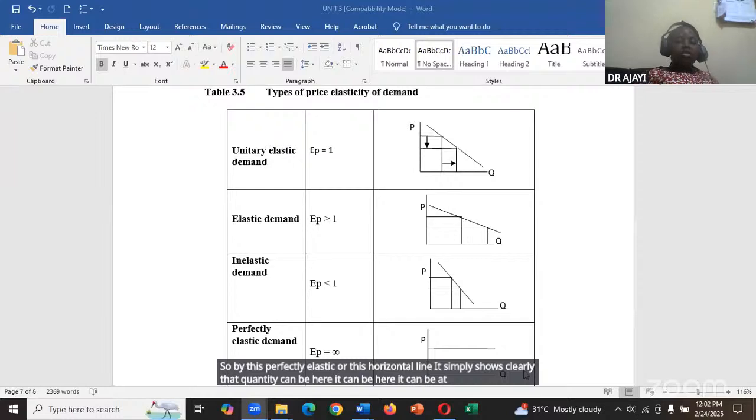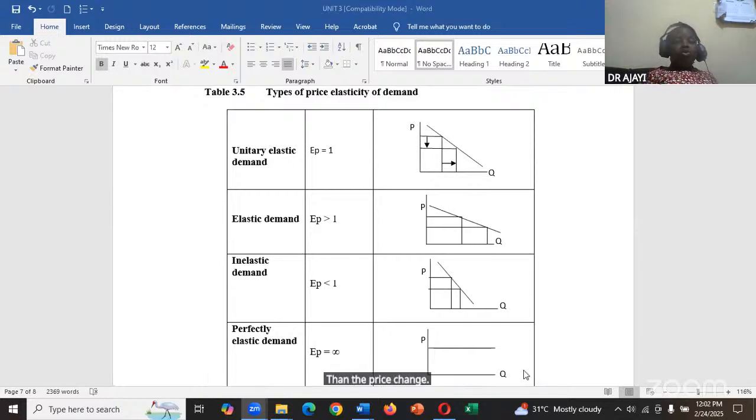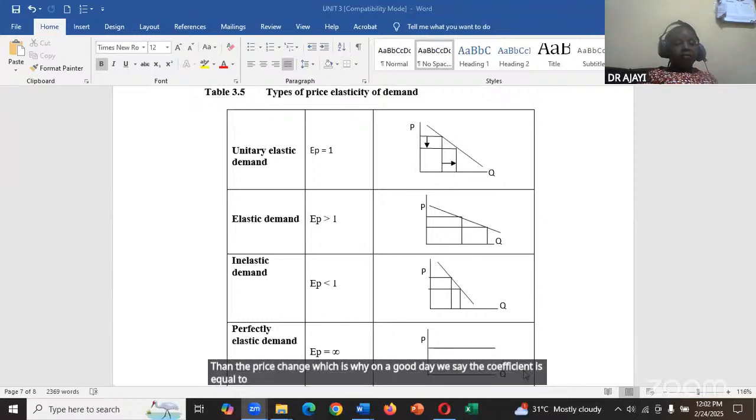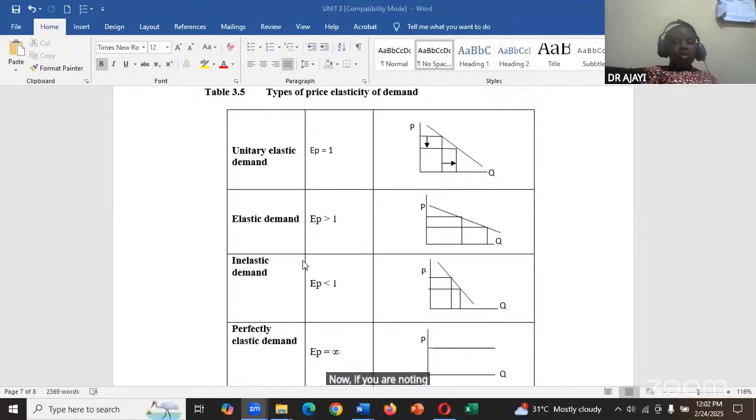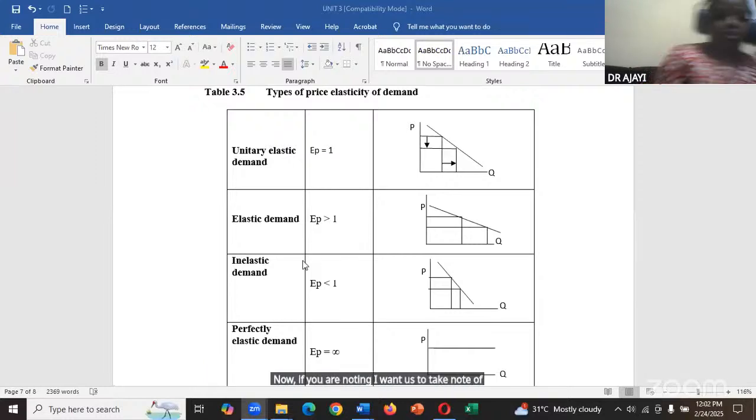You see a situation where quantity demanded can be anything. The response is far wider than the price change, which is why on a good day we say the coefficient is equal to infinity.